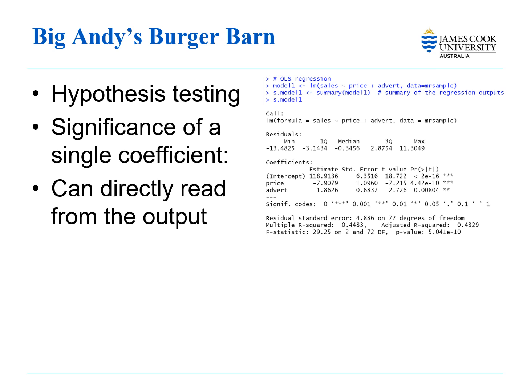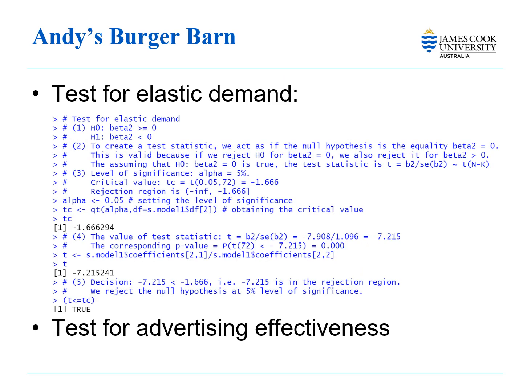Okay, we can do hypothesis testing. Looking at the significance of a single coefficient, we can directly read from the output here. This is the same as what we do for the simple regression models. Let's now test whether the demand is elastic or not. Here are the procedures we want to follow.